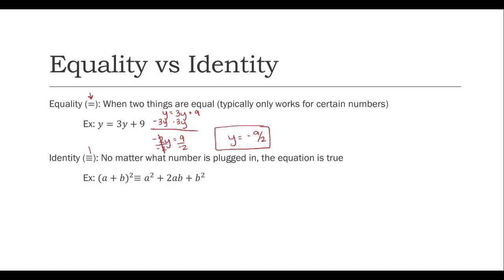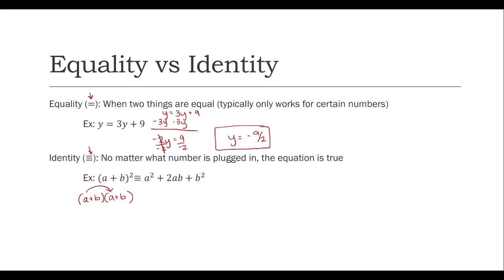Next we have identity, which is 3 lines, and no matter what number is plugged in, the equation is true. So here for our example, we have a plus b squared is the same as a squared plus 2ab plus b squared. We can manipulate the left side of this equation to see how it's the same as the right side. So we have a plus b times a plus b.